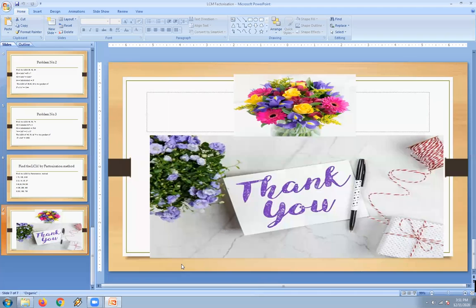Nandini, 14, 15, 16, 17, 18, 19, 20, Rupika is not there, 21, 22, Mary is there, Jennifer, 23.